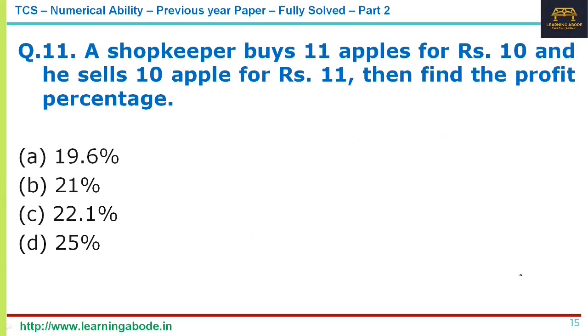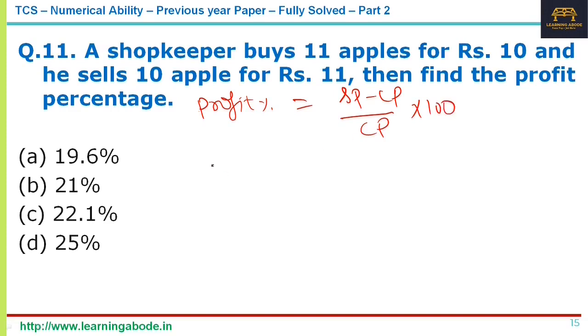Now question number 11. A shopkeeper buys 11 apples for rupees 10 and he sells 10 apples for rupees 11. Find the profit percentage. We'll just go by the conventional method here, that makes it simple, though it is a bit lengthy. We know the profit percentage is equal to selling price minus cost price upon cost price into 100.